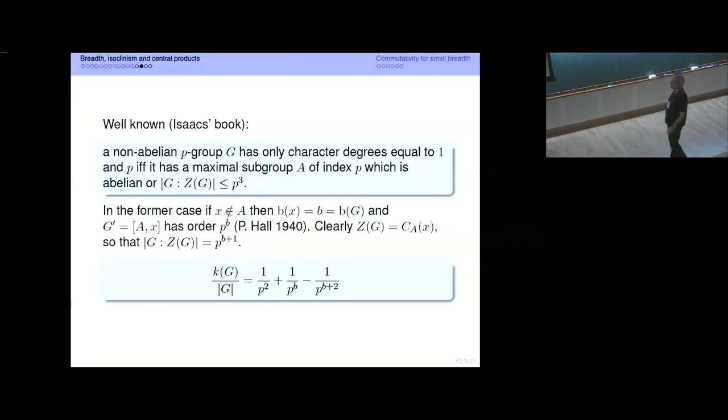And in this case, you get that the group has exactly this commutativity, which is nice. So the upper bound can be obtained.